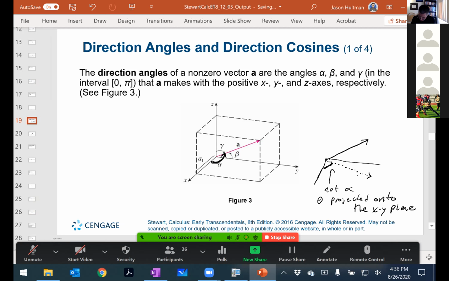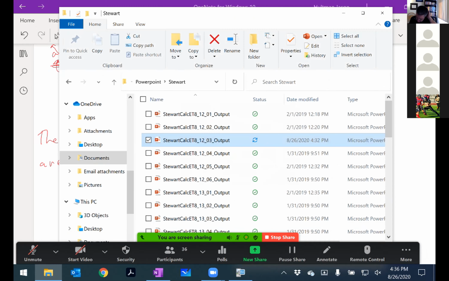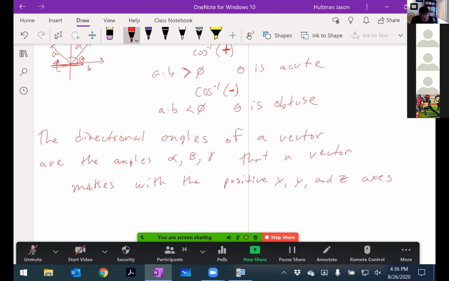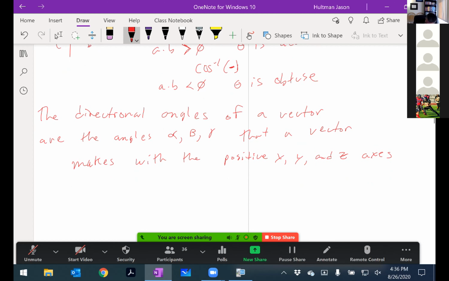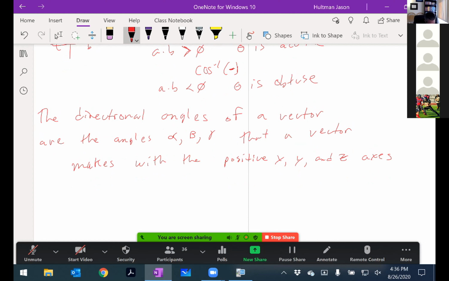Okay, let me get rid of this. Let's go back to the notes. Okay, so the cosine of alpha, if we have a vector A, which is A1, A2, and A3, right? That's my vector.